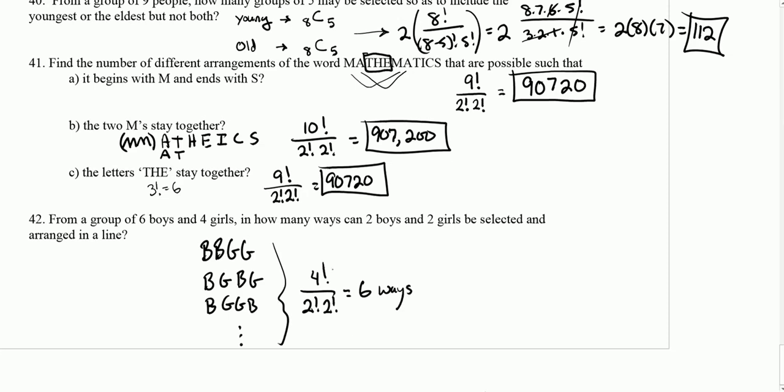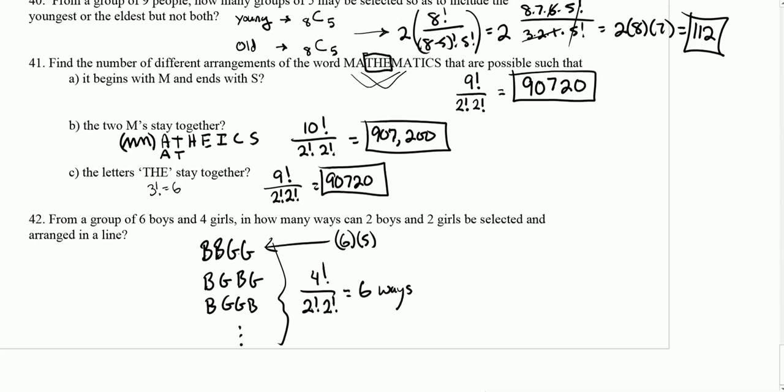Now each way we have some choices. So if say we do the boy, boy, girl, girl way, well, for the first boy slot we got 6 choices because there's 6 boys to choose from, and then 5 choices for the second boy slot. And so then there's 30 different ways we can arrange the boys.